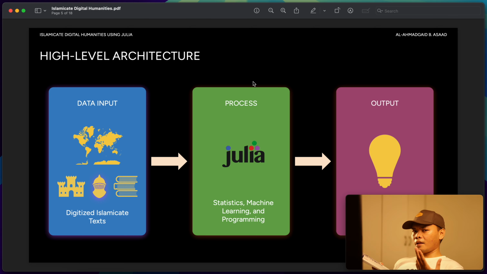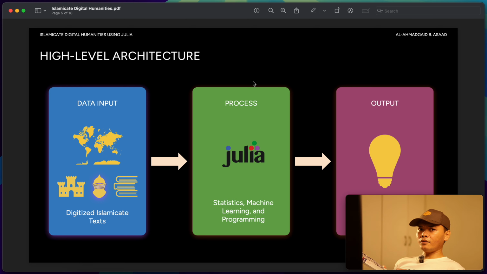So back then, scholars, I think even up until now, some of these scholars from the field of humanities go through the text one by one, study it, and try to analyze the text, right? At least that's my limited understanding. So that's their process, and then the output would be some scholarly works or some research. That's how they do it manually.